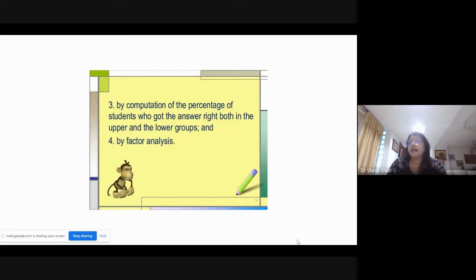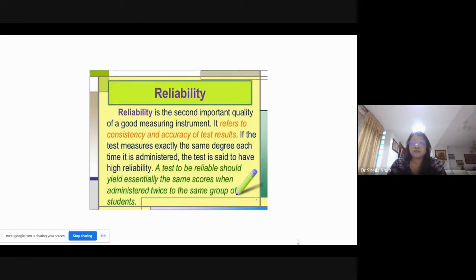Factor analysis is using a software, which will tell you whether these questions are really testing your research question. Nah, that is a very good way of testing our validity.